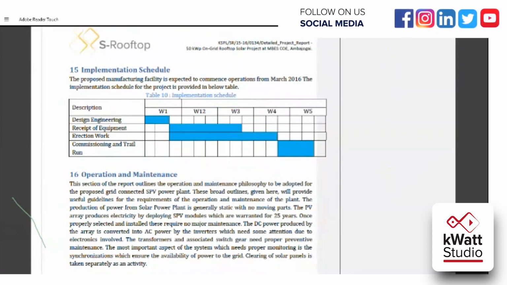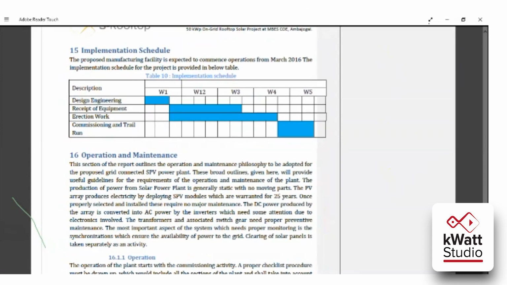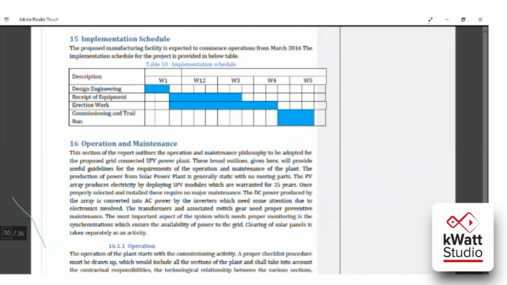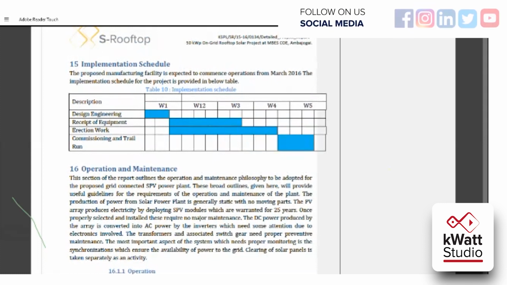That is very much required for safety purposes, and for maintenance purposes also. If you need to disconnect your inverter from the grid for maintenance, you need to trip your MCB so that you can work on your inverter safely. So this is nothing but the timeline of the project.